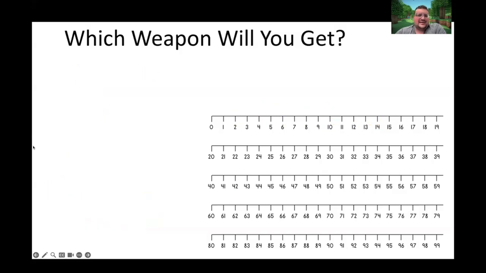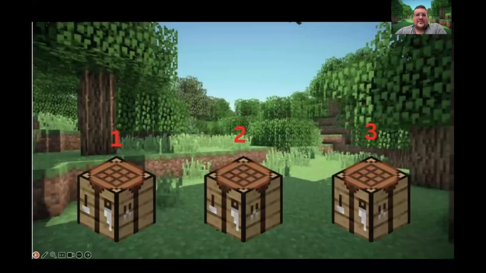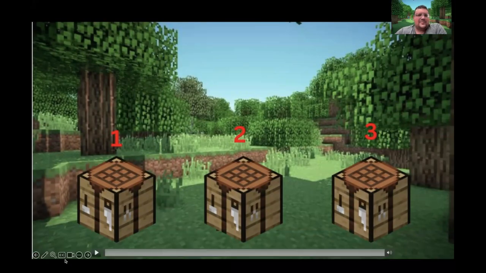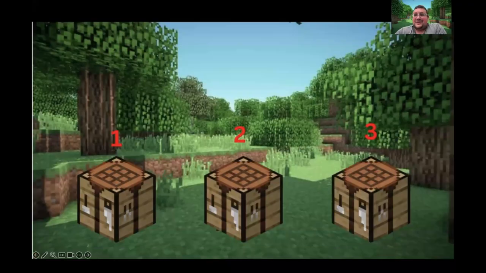Let's take a look and see which weapon we're going to get. Now, like I said, are you going to pick number 1, number 2, or number 3? Which craft table? One of them has a good weapon. One of them has an average weapon. One of them has no weapon. Make your last selections. We're going to see our answer in 5, 4, 3, 2, 1.